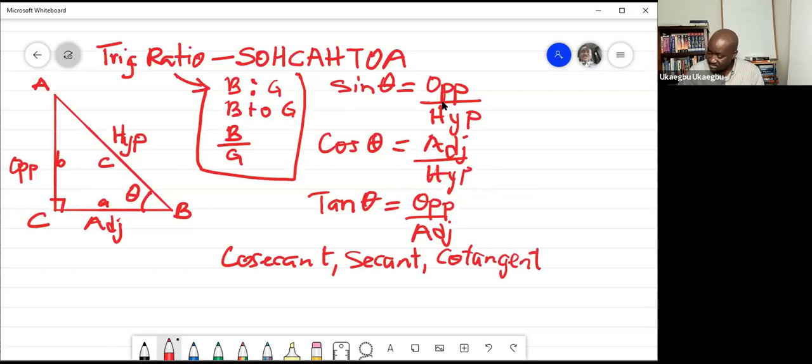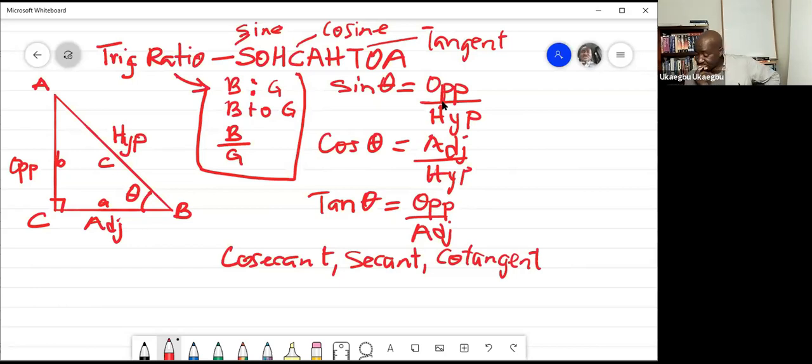This one is sine, this one is cosine, and T stands for tangent. So now we're just focusing on the first three. Sine is opposite over hypotenuse, cosine is adjacent over hypotenuse, and tangent is opposite over adjacent.